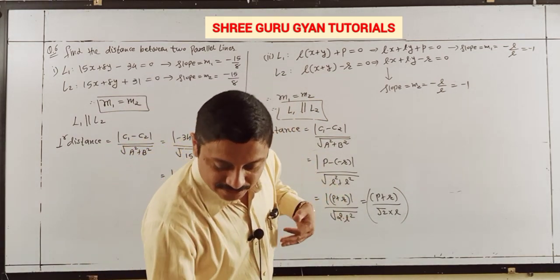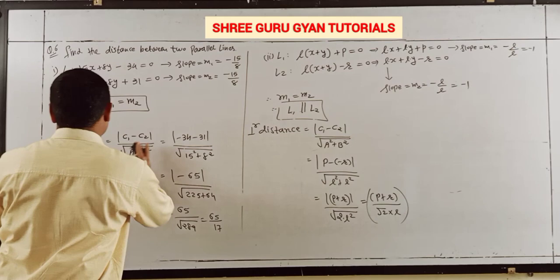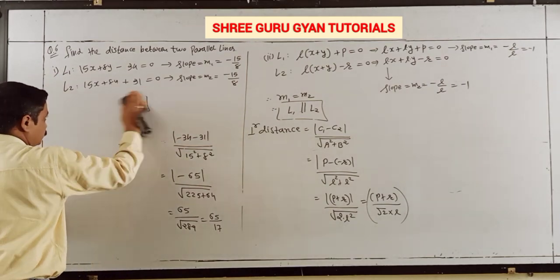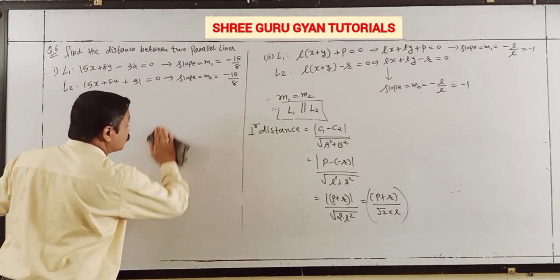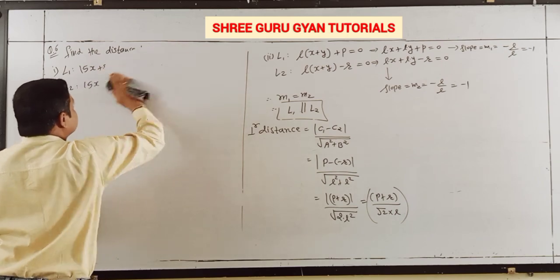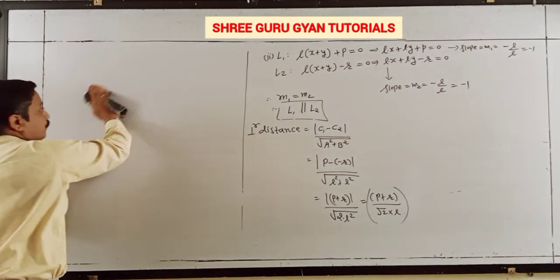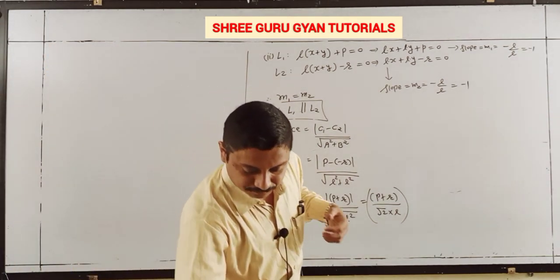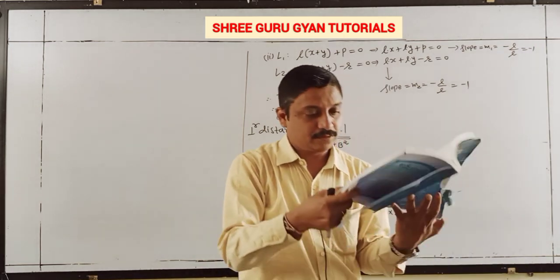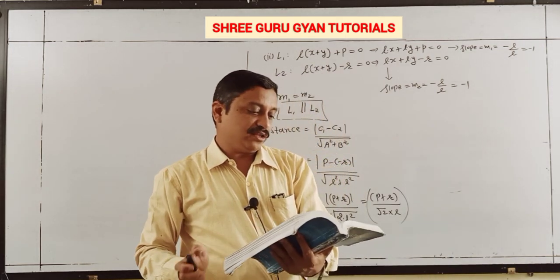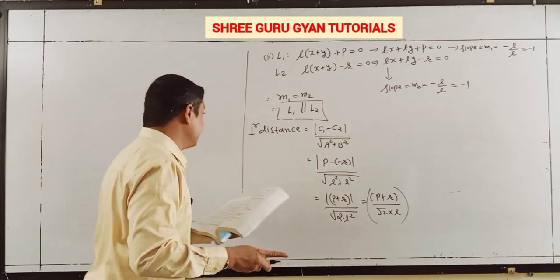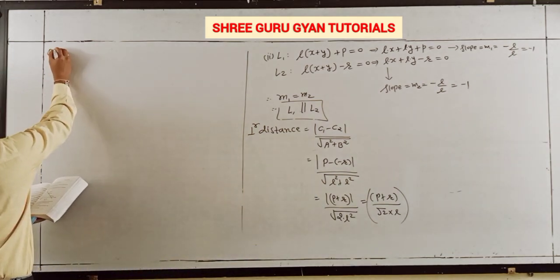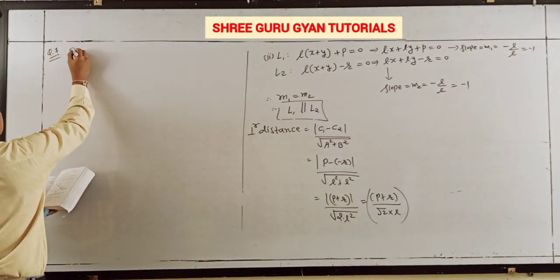Now I am going ahead, students. Question number 7. It's also an easy sum. Find the equation of a parallel line. Yes, this is also an interesting question.